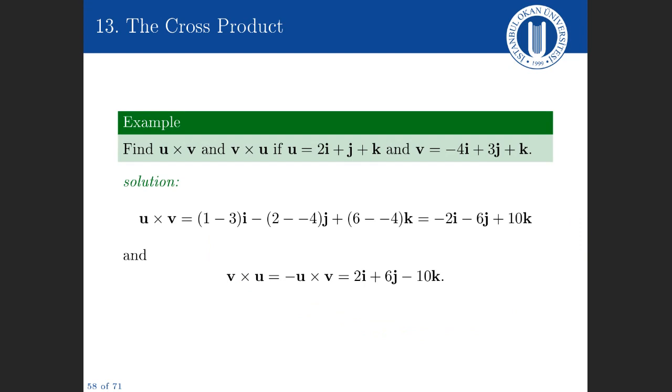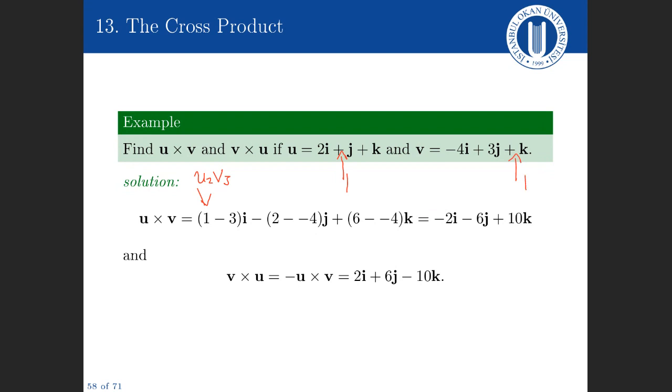For example, find U cross V and V cross U if U is 2i plus j plus k and V is minus 4i plus 3j plus k. We have our formula. The formula is going to be something i minus something j plus something k. First, we have U2 V3. U2 is 1, and V3 is 1.